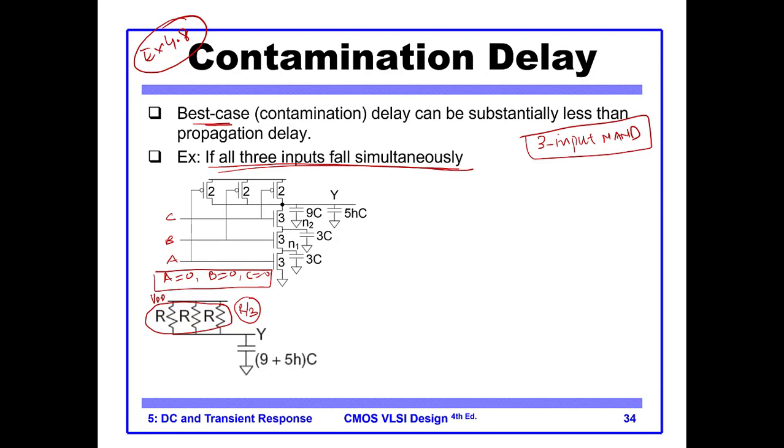What will be the delay in this case? We can write the TPD fall, which is (9 + 5H)C into the resistance R/3, which is the equivalent resistance of the parallel combination.